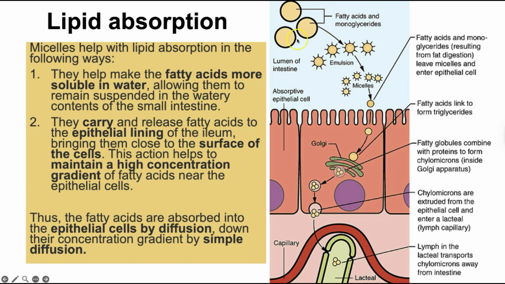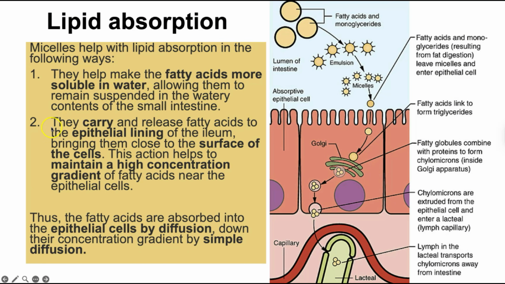The lumen, the hollow tube of your small intestine, contains lots of watery substances from digestion, and fatty acids are not soluble in water. So we need them to be soluble so they can move easily towards the epithelial cell surface membrane. That's why being water soluble is an advantage.